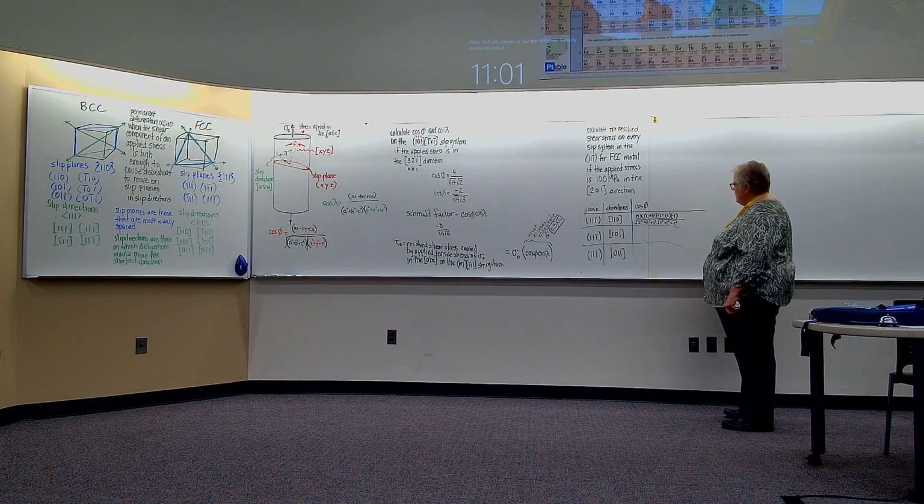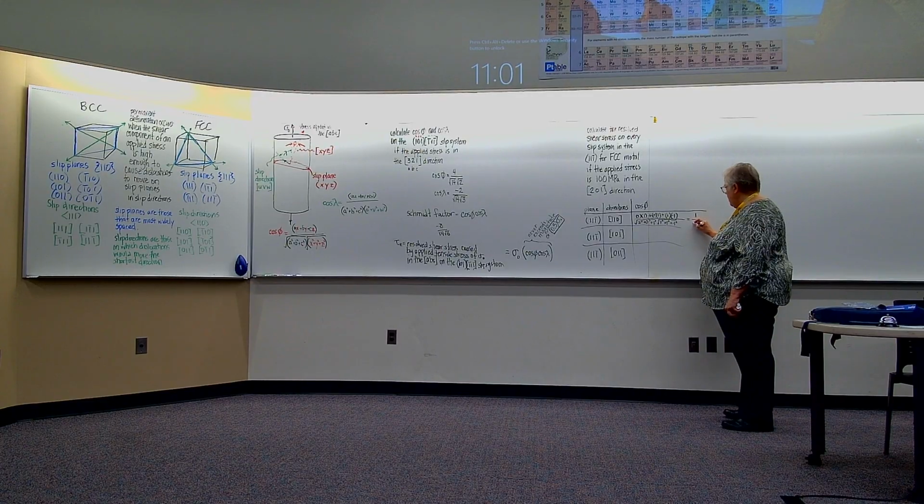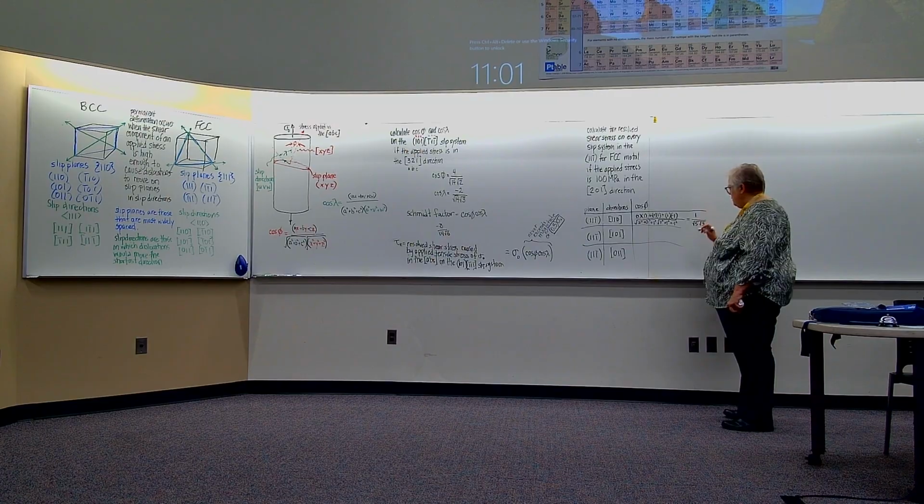So that's equal to 1 divided by the square root of 5 times the square root of 3.